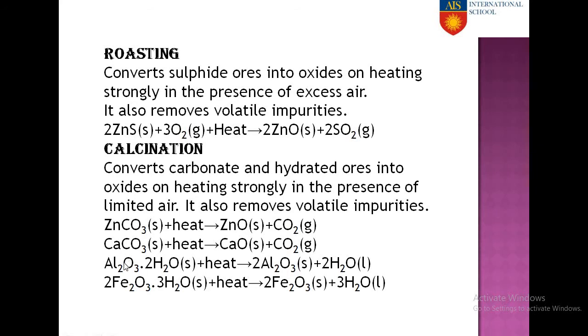Now hydrated ore, aluminium oxide, releases the water of crystallization, which we have read in the last chapter. The molecules which are loosely attached to the compound get detached. Fe2O3.3H2O breaks down into Fe2O3 plus 3H2O.